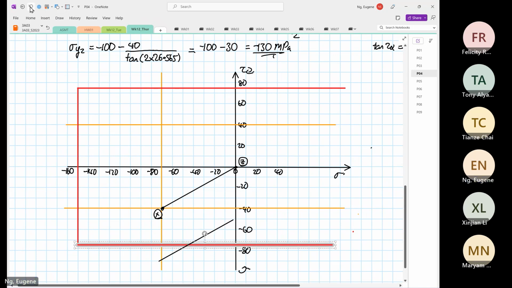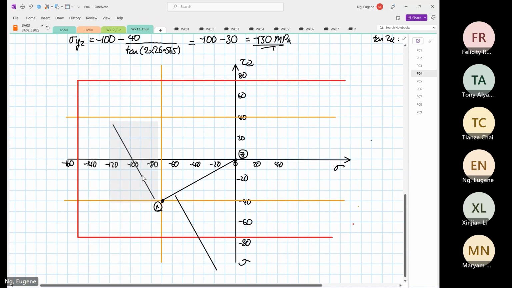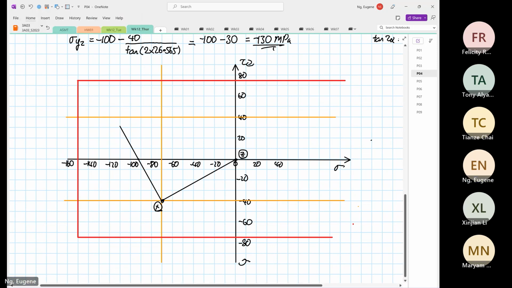Okay, I'm going to rotate this by 90 degrees. Okay, so this over here now, this over here now is now my stress A. Okay, that's where our stress A is.